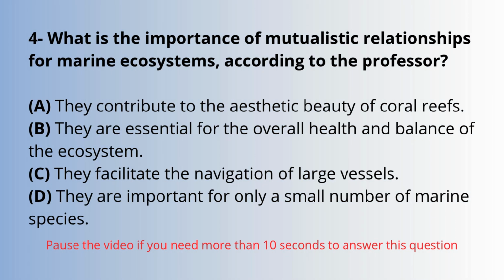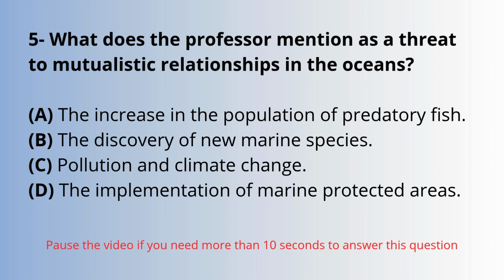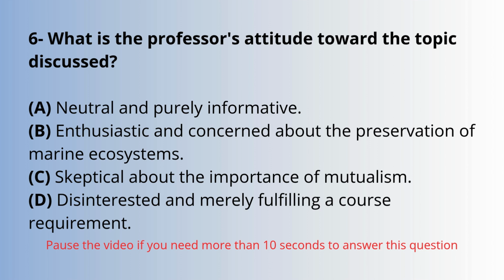Four. What is the importance of mutualistic relationships for marine ecosystems, according to the professor? Five. What does the professor mention as a threat to mutualistic relationships in the oceans? Six. What is the professor's attitude toward the topic discussed?